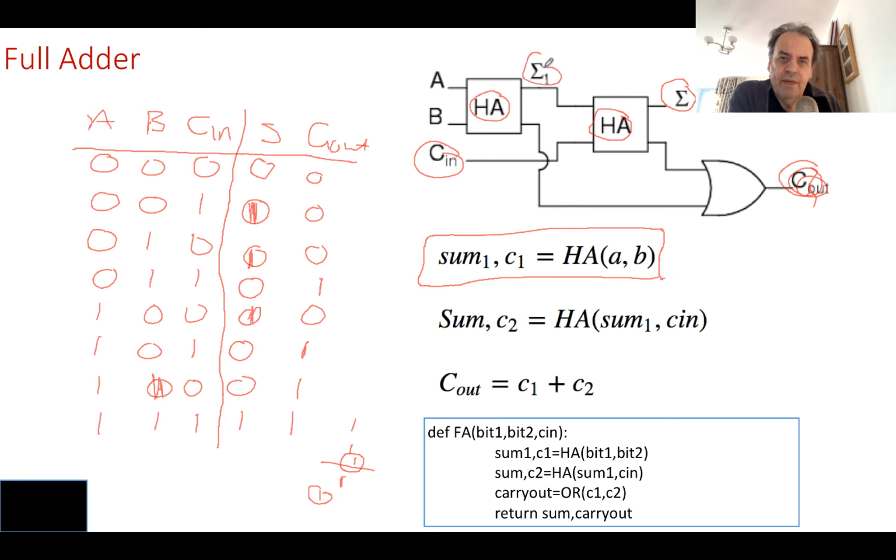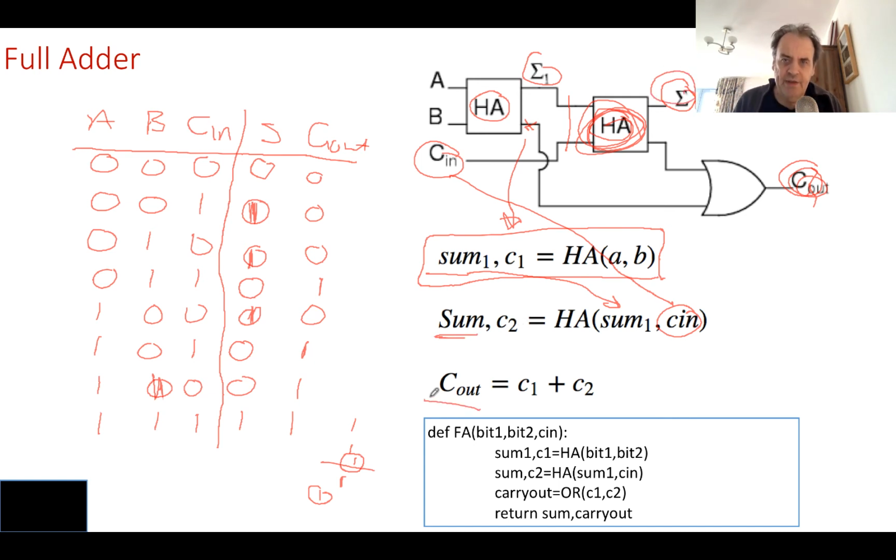The sum and the carry here is this one here, and then we can feed these outputs into here, and then we take our carry in for the second half adder, and this will give us our sum.